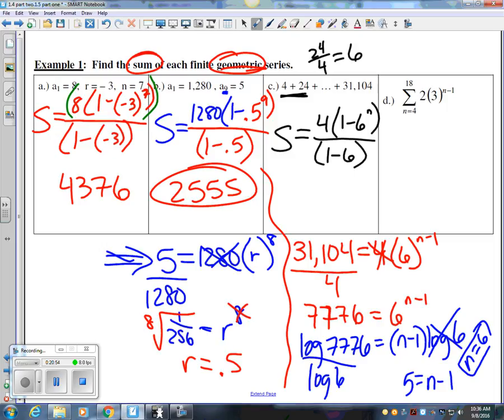Okay. All right, I'm still not done. Remember, they wanted me to find the sum. Gracie, what do I have to do next? Good. So right here, instead of n, I'm going to put a 6. And now I can type it in my calculator. All right.